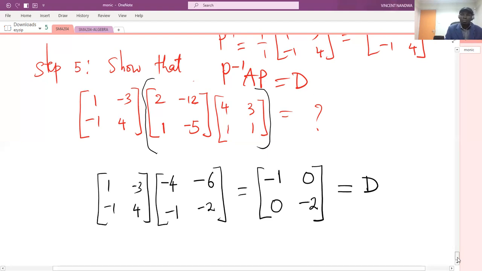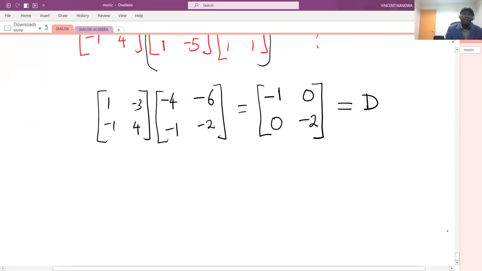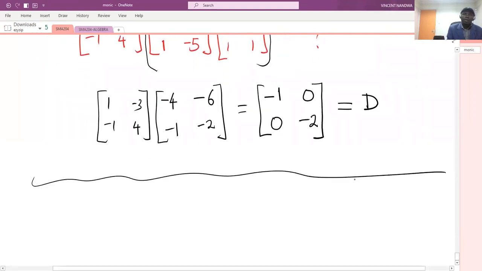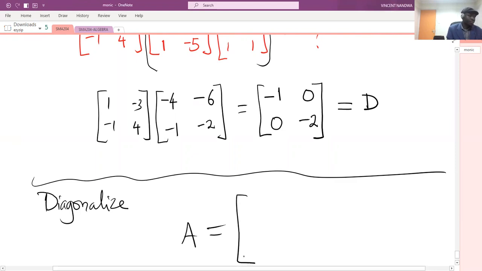In a similar manner, you can also work out and diagonalize this matrix A given by 1, 1, minus 3, and then minus 1, 3, and then 1, minus 1, 1, minus 1.